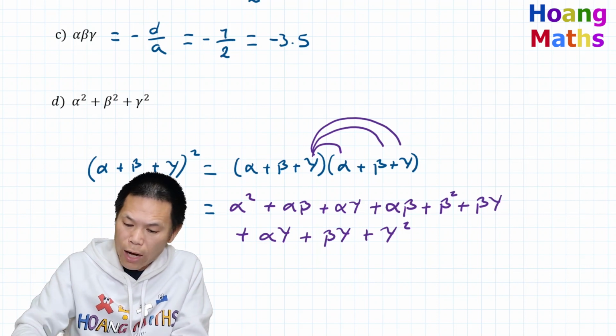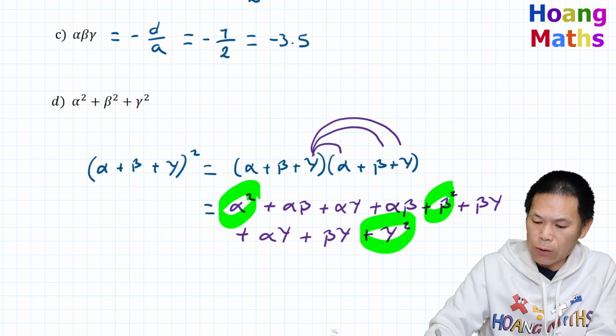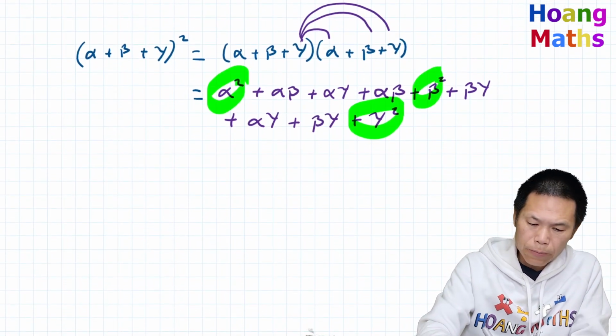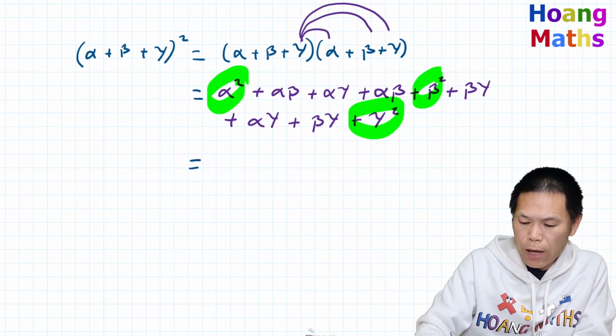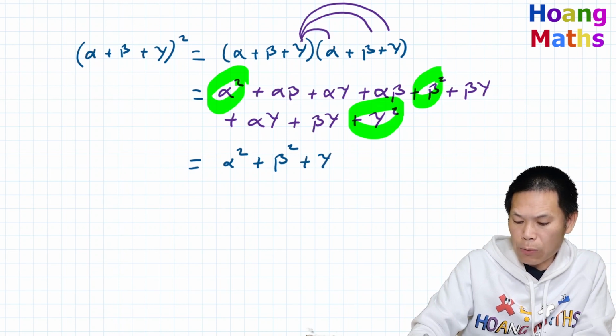So let me write alpha squared plus beta squared plus gamma squared out first. So that will give me alpha squared, we add beta squared, and then we add gamma squared.